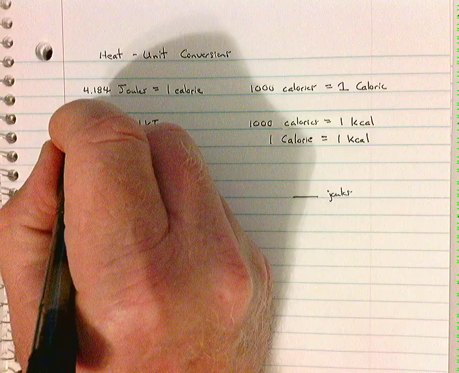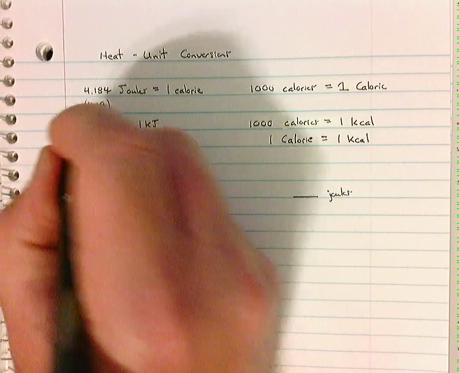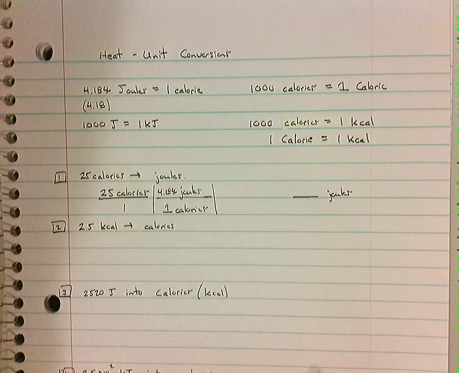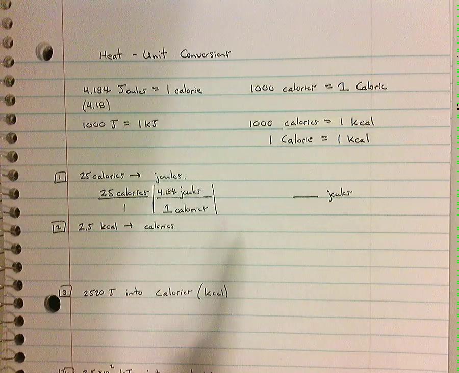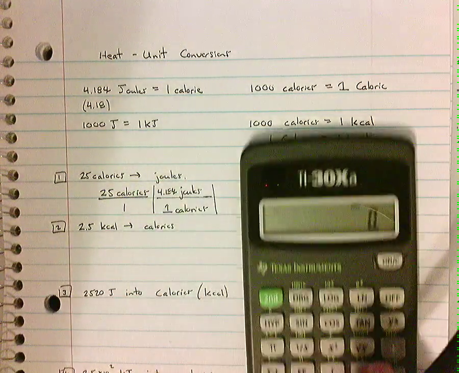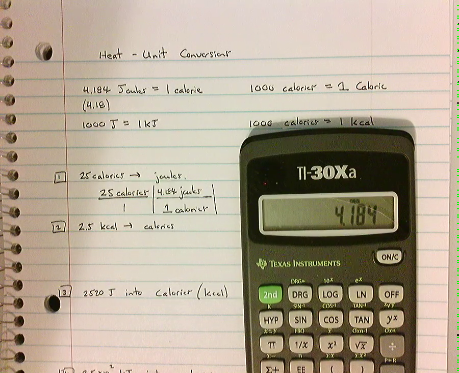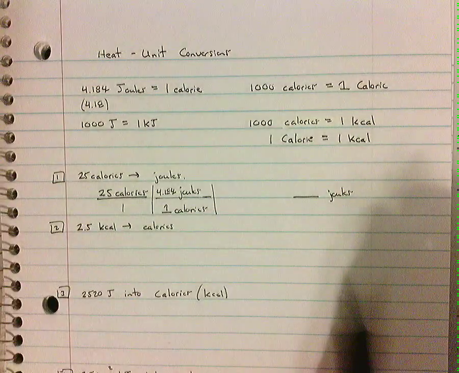I also should put 4.18 in here because sometimes in texts you'll see it stopping at the hundredths place instead of the thousandths place. So we're now ready to go. We have 25 calories. It's a multiplication problem. So we have 25 multiplied by 4.184. So we get 104.6 joules.